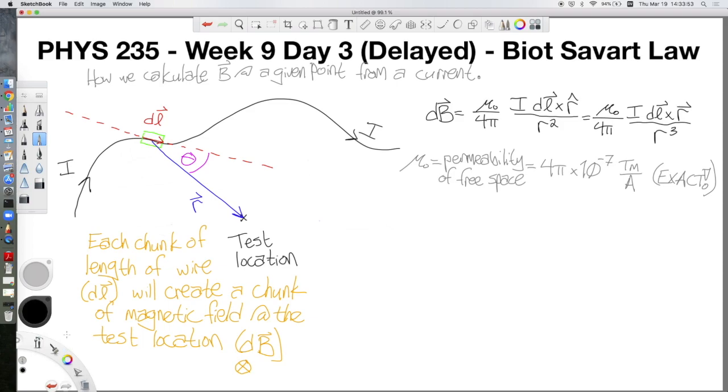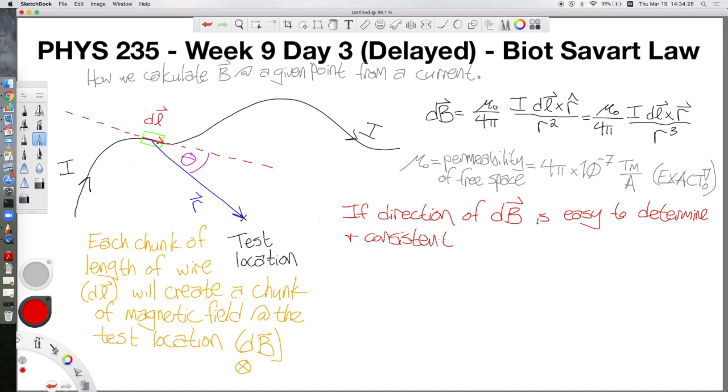This is kind of a trick of how things are defined, but it's at least an interesting tidbit to know. One other thing about the general definition of Biot-Savart law that I could show you is that sometimes your life will be easier than this. Sometimes the direction of dB is very clear. And if the direction of dB is easy to determine and consistent, and what I mean by consistent is each chunk of wire will produce a magnetic field at the test location in the same direction.